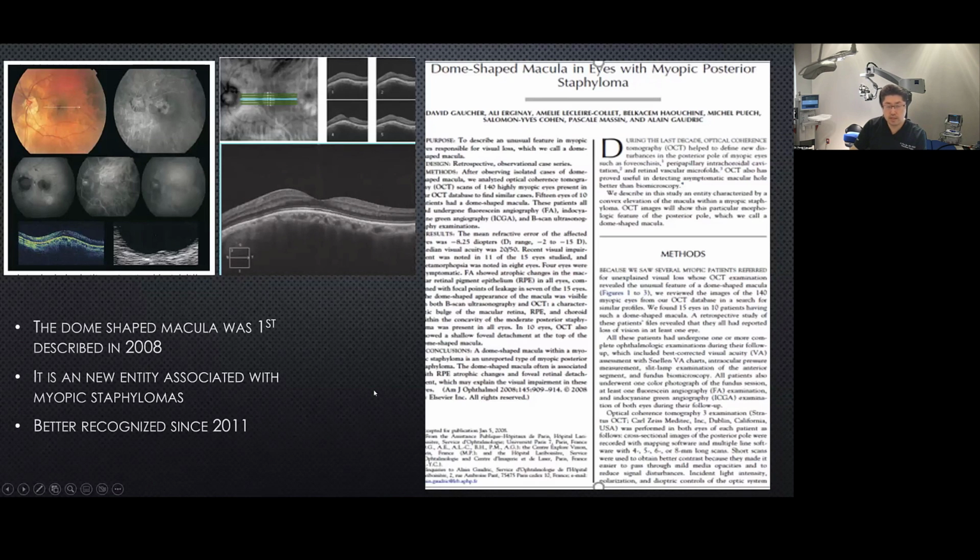So when we see staphyloma in high myopic patients, you can see this resistant area over the fovea. Instead of bulging out like the rest of the staphyloma, the parafoveal area seems to have a bit of resistance to bulging outward, therefore forming this dome-shaped appearance. And that's called dome-shaped maculopathy.